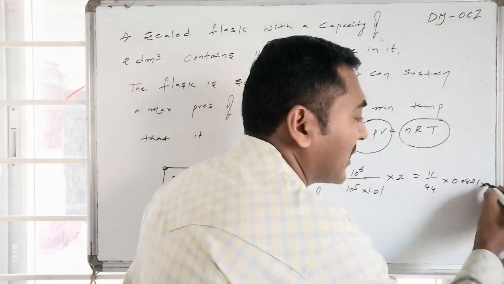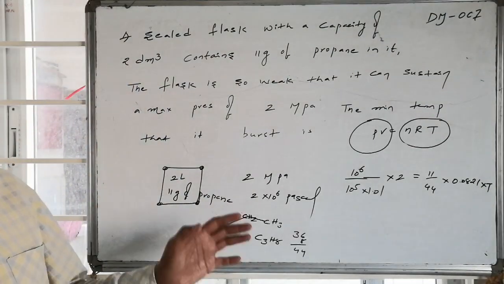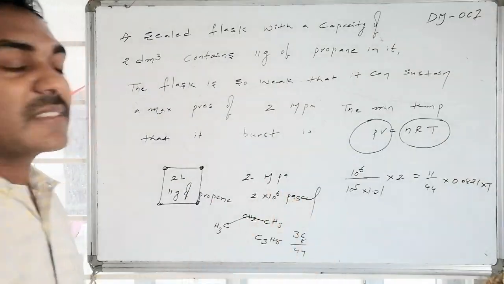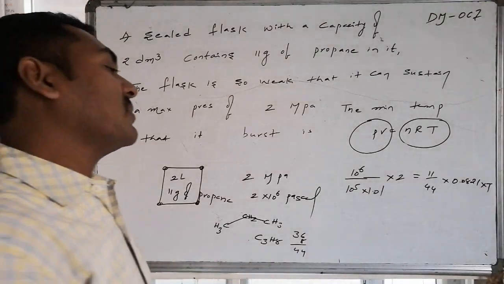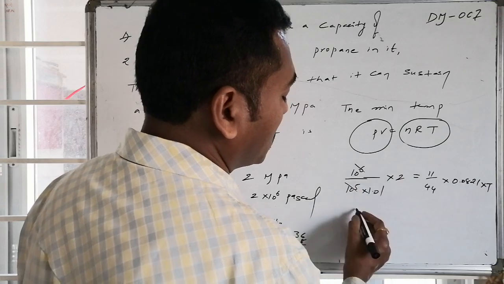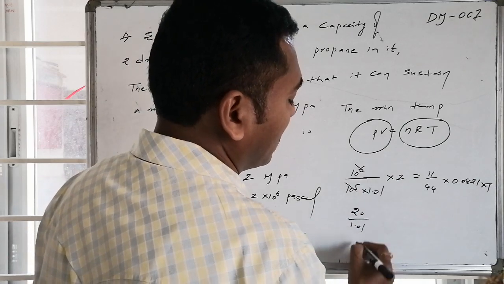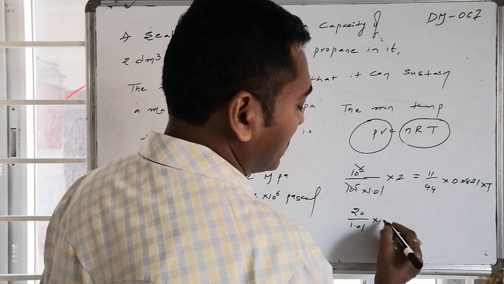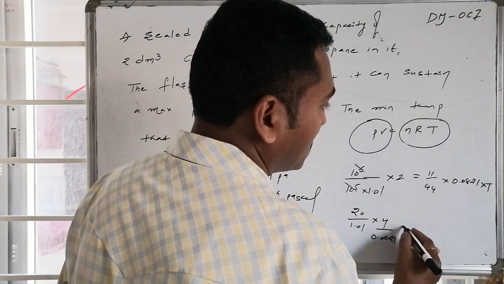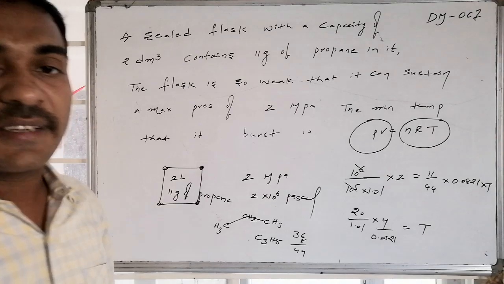Now we have to calculate the minimum temperature, to what extent it is going to be stable, from where the explosion is going to start. So this will be equal to 10 into 20 divided by 1.01325 into 4 divided by 0.0821, which is equal to the temperature in Kelvin.